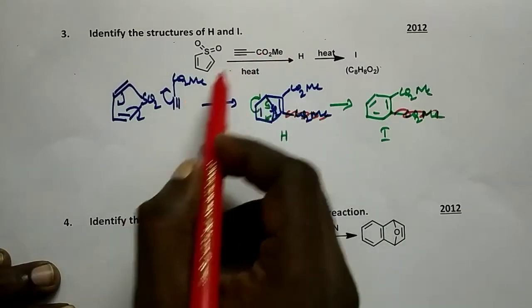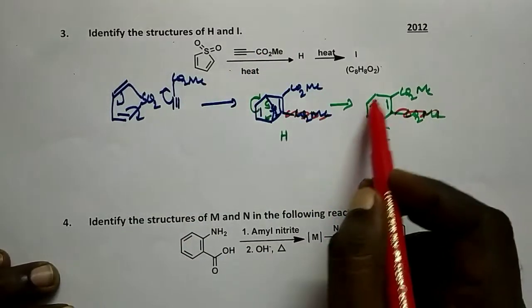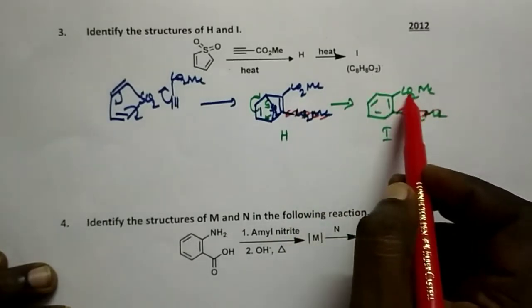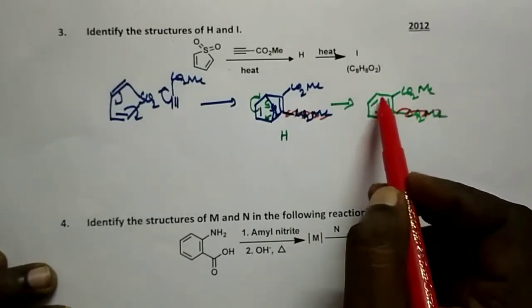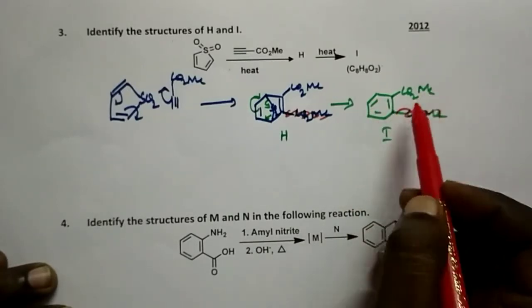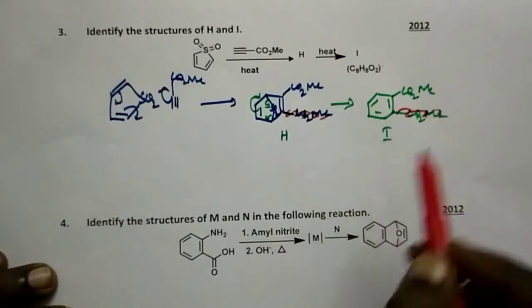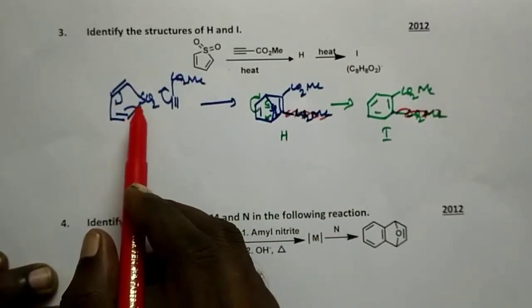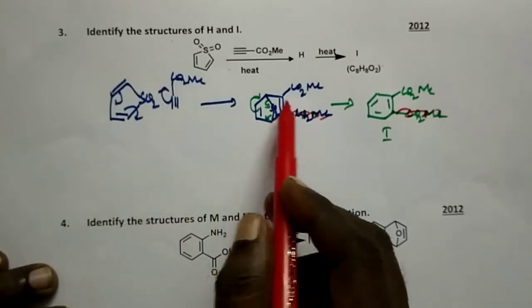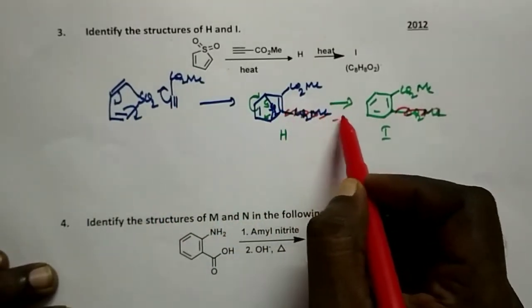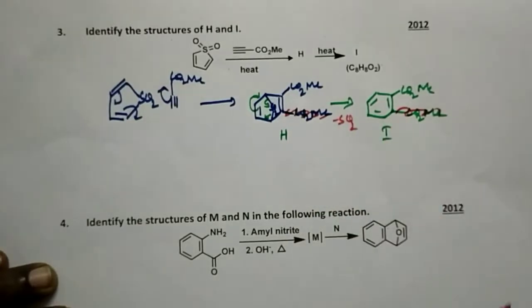The product has only COOMe: 6, 7, 8 carbon, 2 oxygen, hydrogen is 4, 5, 5 plus 3, 8. Okay, correct. So this is I. Here the sulfone is the diene. After the cycloaddition is achieved, sulfone goes out as sulfur dioxide and we get an aromatized compound, an aromatic compound.